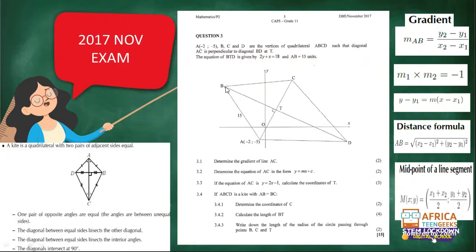Okay, let me try to draw this again. So we have the equation of AC, and we also have the equation of BD.